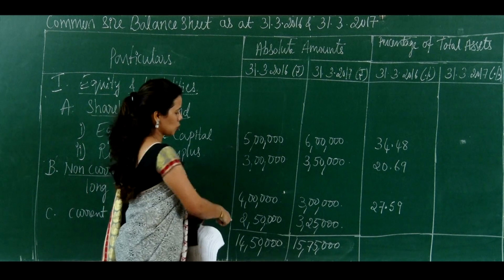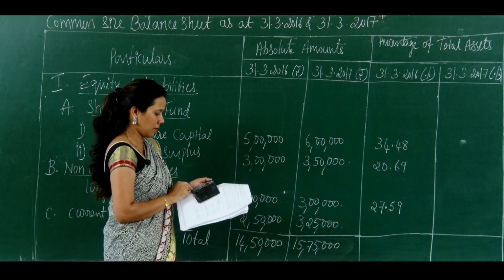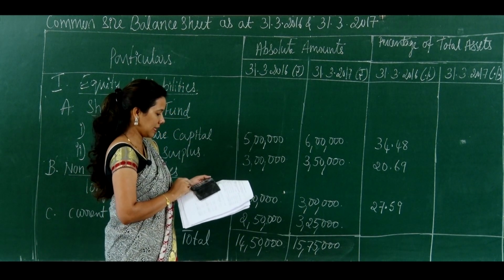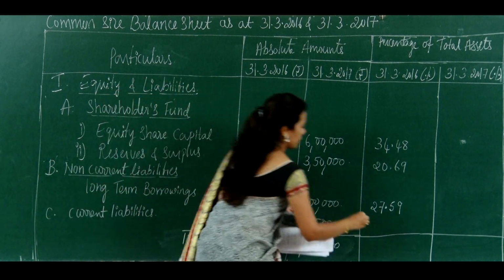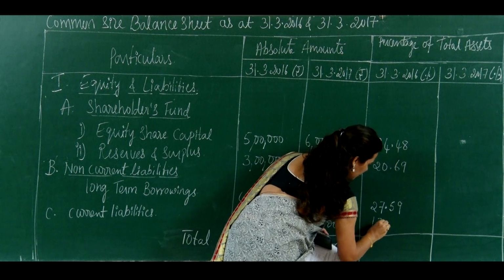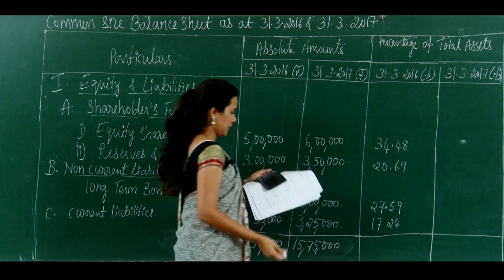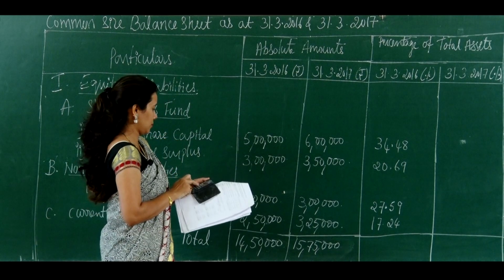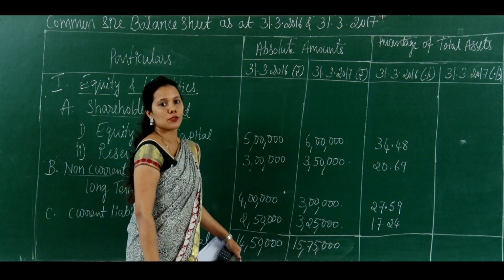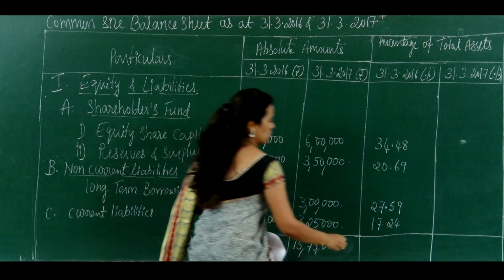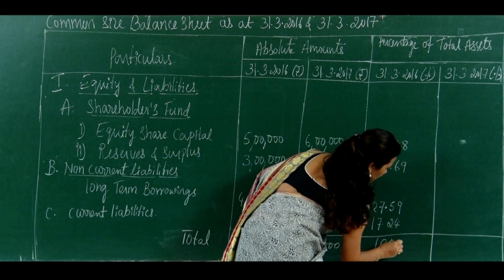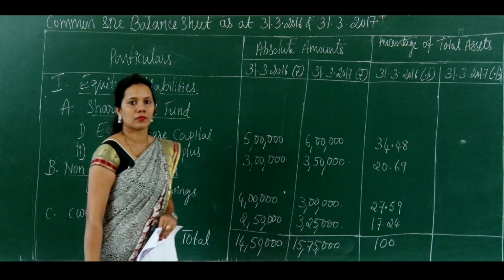The last one, 2 lakh 50,000 divided by 14 lakh 50,000 into 100, is 17.24. So, 14 lakh 50,000 is the base, and the base is always 100%.